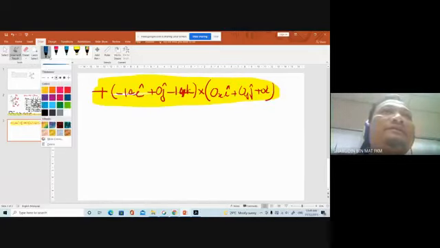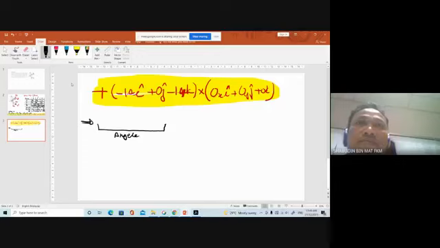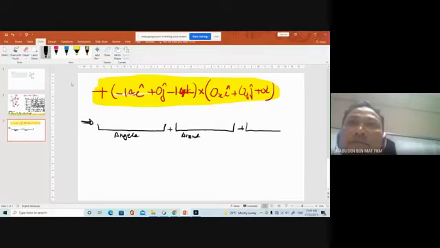Okay, three solutions there. The first calculation is going to be here from Angela. The second part from Aizat, and the last one from Samir Rahman.